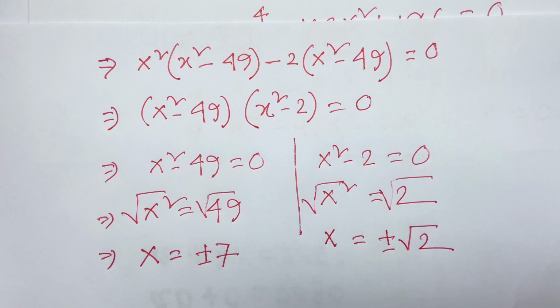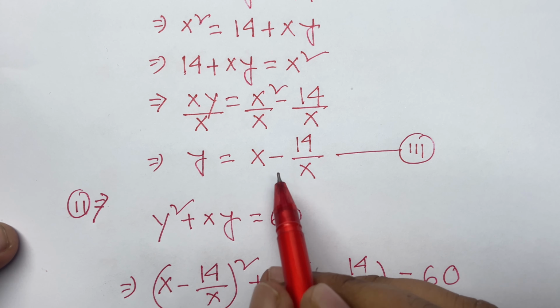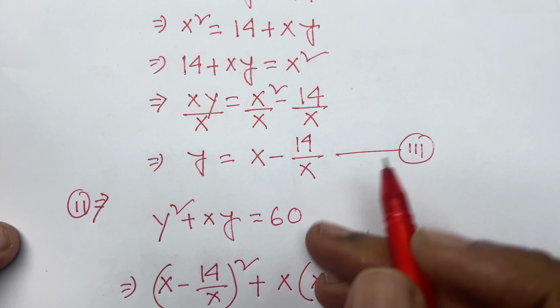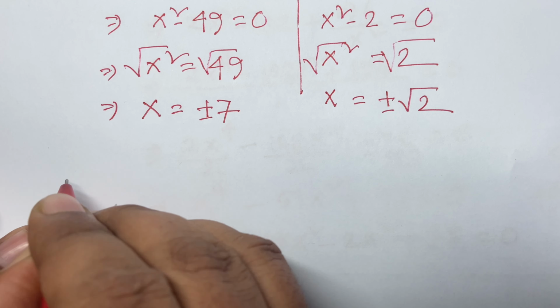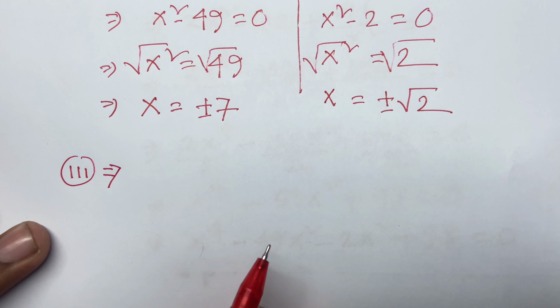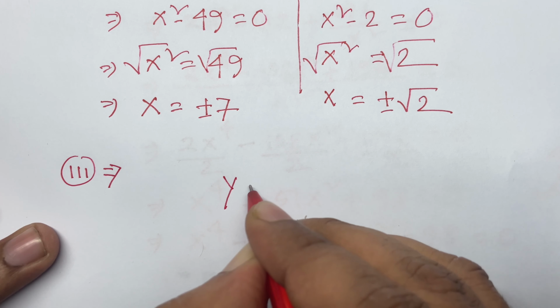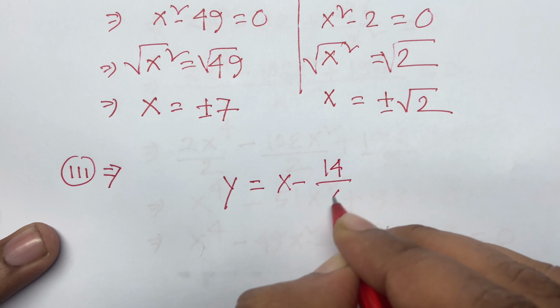So we know that the third equation is y equal to x minus 14 over x. So I put these values in this equation.